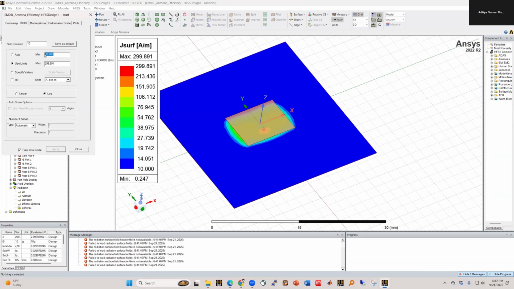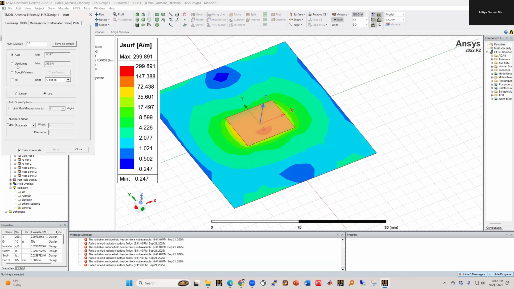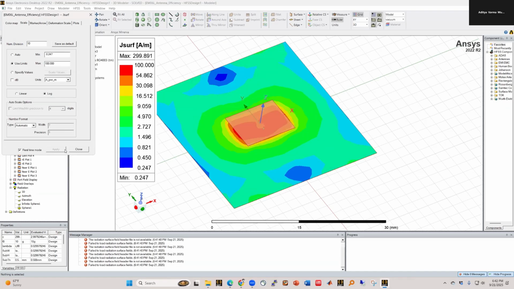Maybe the maximum was too high because of the lumped port. Of course, it cannot be 0 dB. Let's use auto once again. And I'll limit the maximum to around 100, just to make it easier to visualize.